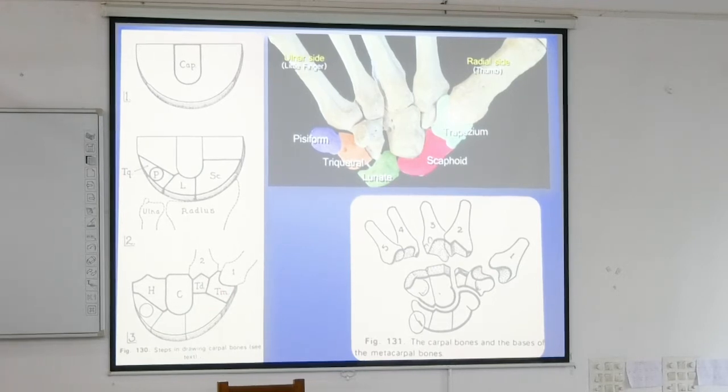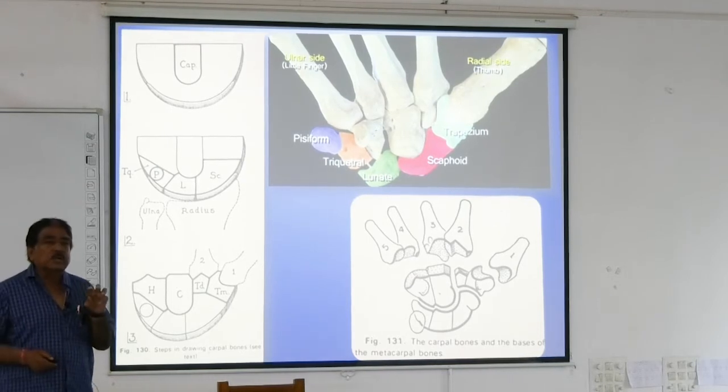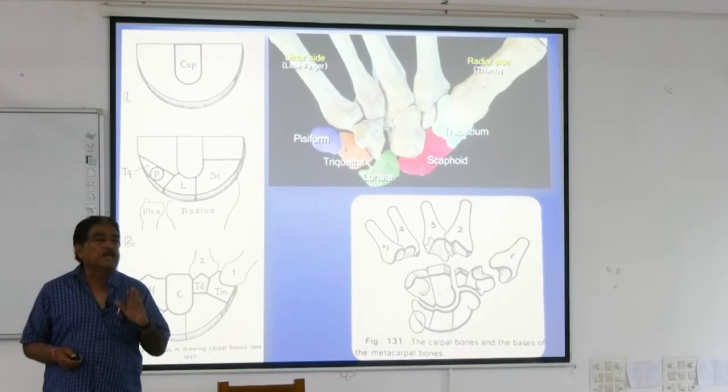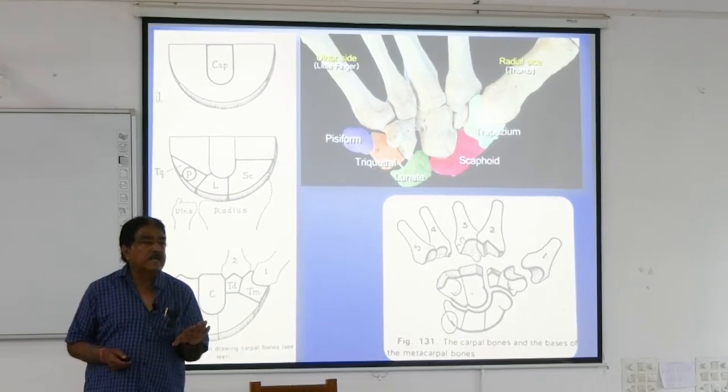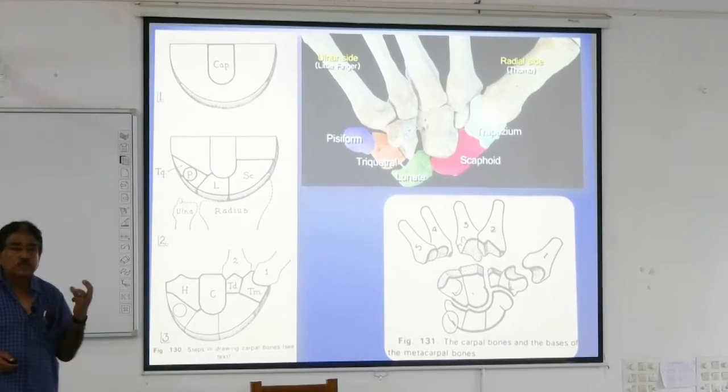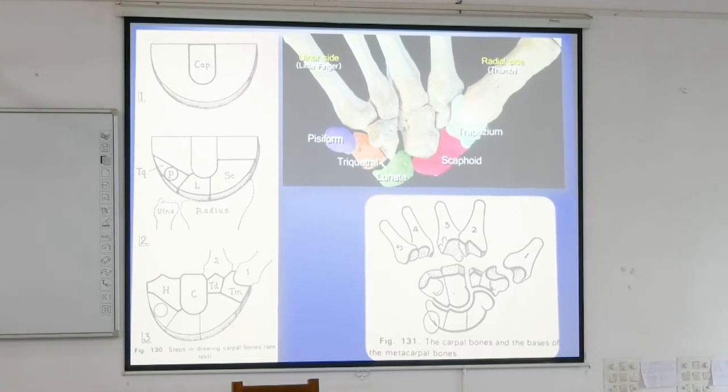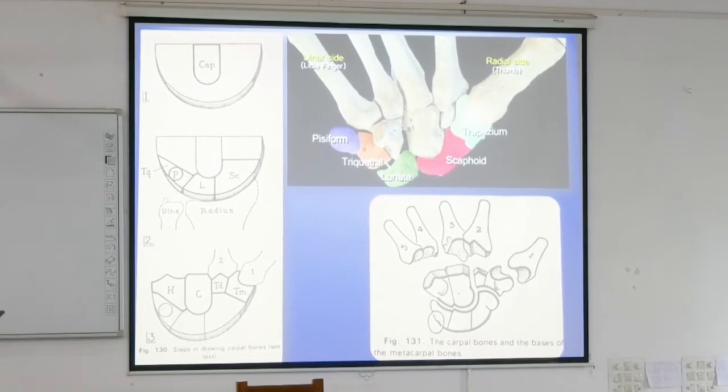Because this skeletal structure you ought to know, the attachment of the palmar aponeurosis and the sheath. If you know this basic, then it will be very easy to correlate and define.